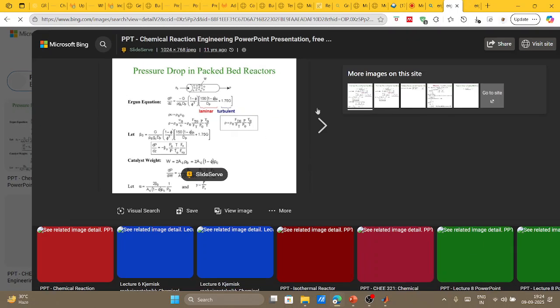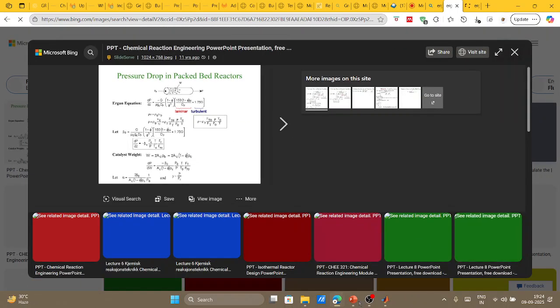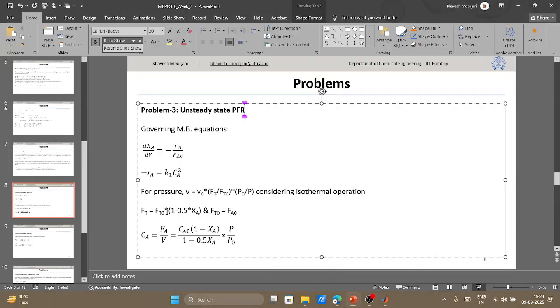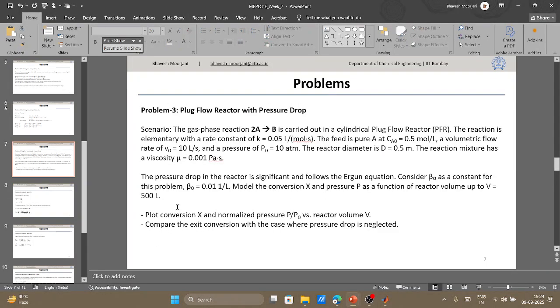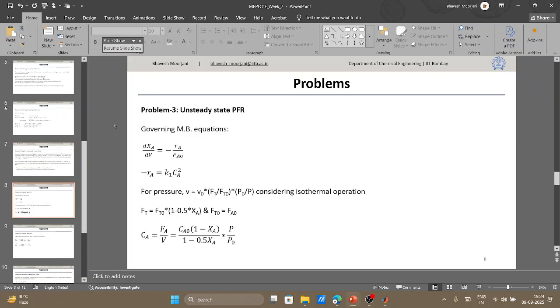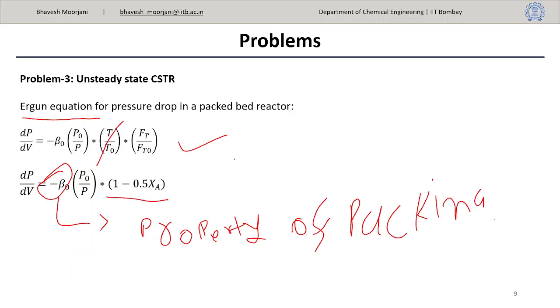So for our problem, we have been given that we have to consider B as a constant value, right? So we don't worry about it, but in an actual problem it will depend on the property of your system. So dP by dV is also given.